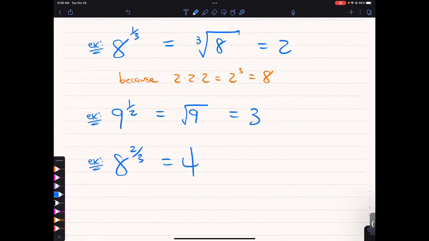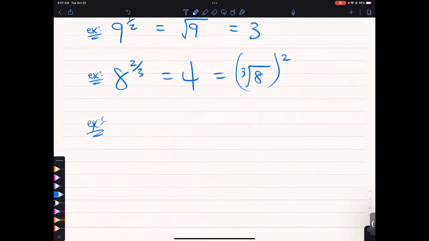So the top is squaring. The denominator there, the 3, that's a radical, so that's the index of a root. So this is 4, because 4 is the cube root of 8 squared. Cube root of 8 is 2, 2 squared is 4, right?